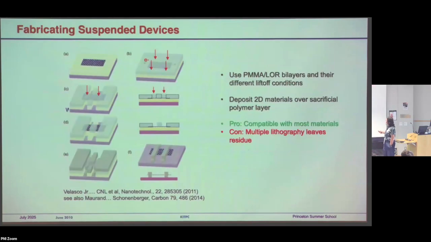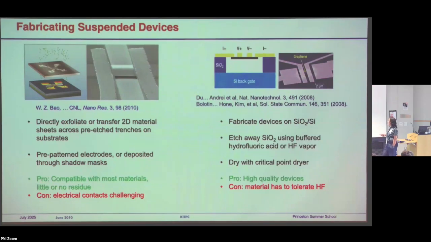So how do we fabricate a suspended device? There are several ways. You can pre-pattern a substrate, make a trench on the substrate, and then directly exfoliate and transfer the 2D materials across the trench. To make contact, you can either have pre-patterned electrodes, if your material is clean enough to make good contact, or you can deposit contacts through shadow masks.